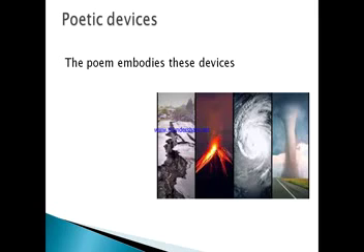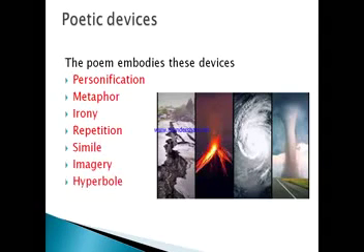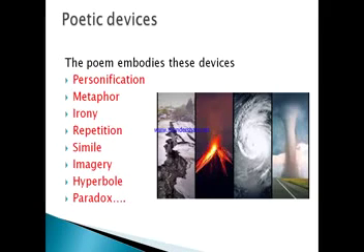From its nature already being a choreo poem, it has infused the style, a combination of rhythm, the natural African traditional rhythm, to the words of the poet. We also see poetic devices such as personification, metaphor, irony, repetition, imagery, hyperbole, paradox, etc.